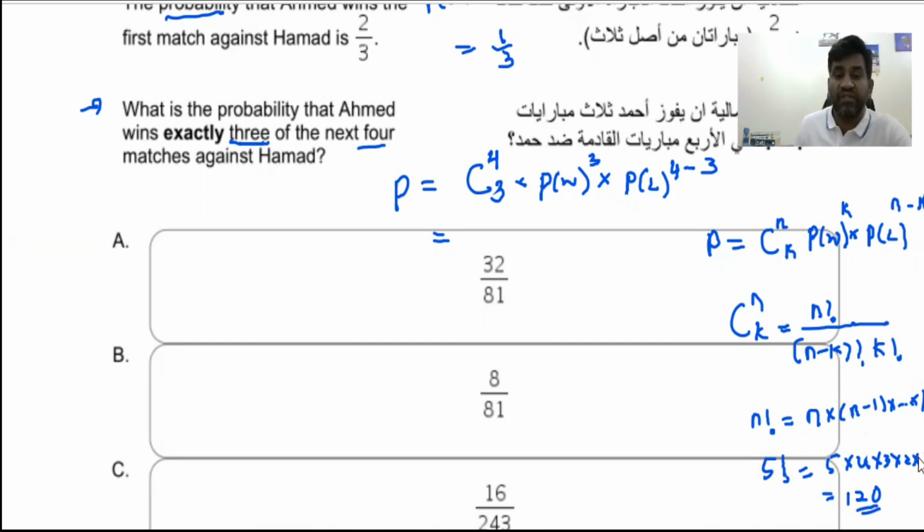So how do we simplify the question which has been given here? 4C3 times P to the power 1. Let me simplify it one by one.